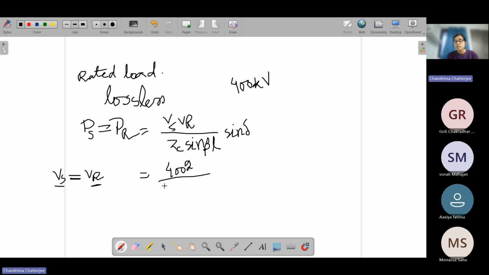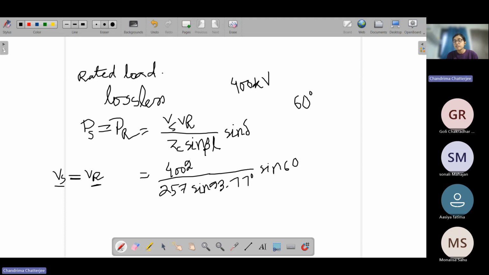ZC we found out already, which was 257. And the angle beta L also we found out, sine 53.77 degree. And what will be delta? In the first question, they mentioned that for rated condition, you take power angle equal to 60 degree. So we will take sine 60 degree.